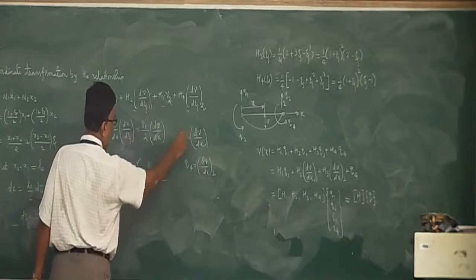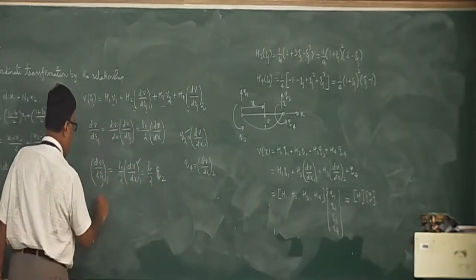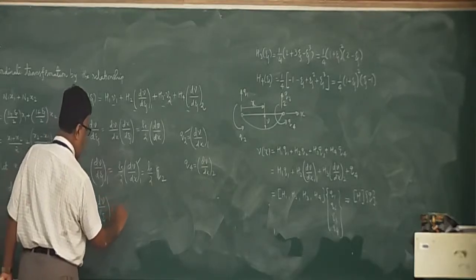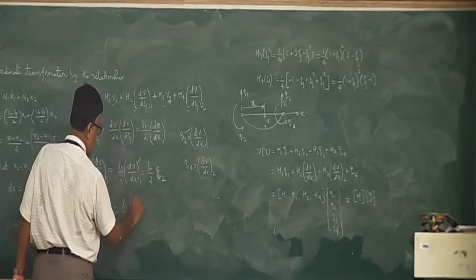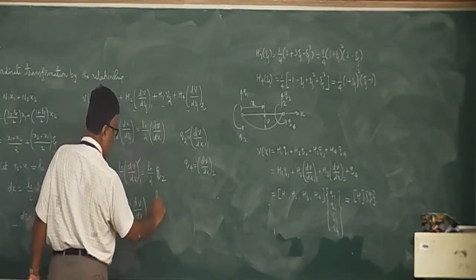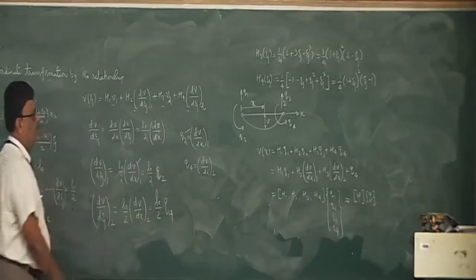Similarly, dV/dζ at 2 is LE by 2 dV/dx at 2, which is LE by 2 Q4.